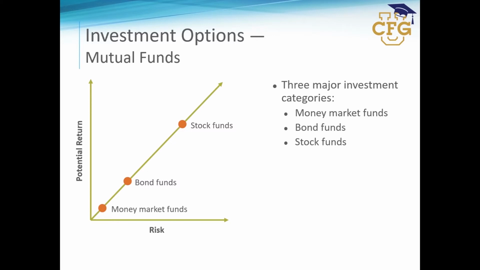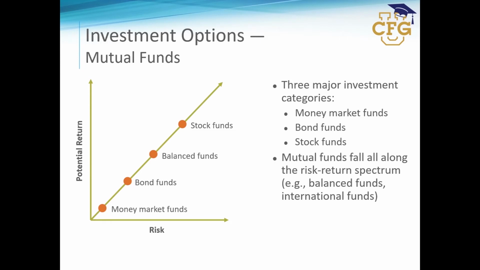Stock mutual funds can also be classified based on the size of the companies in which the funds invest: large cap, mid cap, and small cap. Of course, there are many other types of mutual funds. For example, funds that invest in both bonds and stocks are often called balanced funds. In fact, there are mutual funds that fit all along the risk-return spectrum. International funds, which seek investment opportunities outside the United States, are one example.